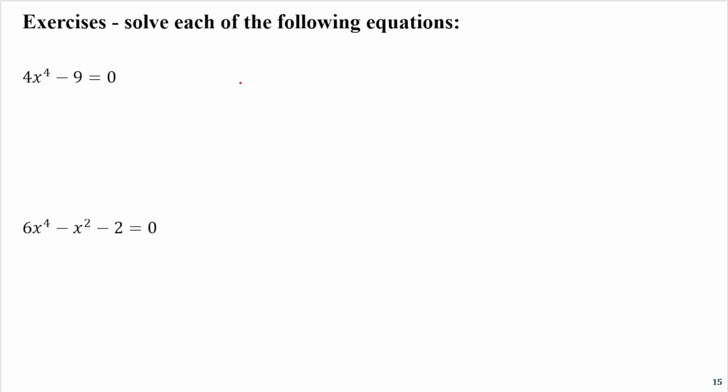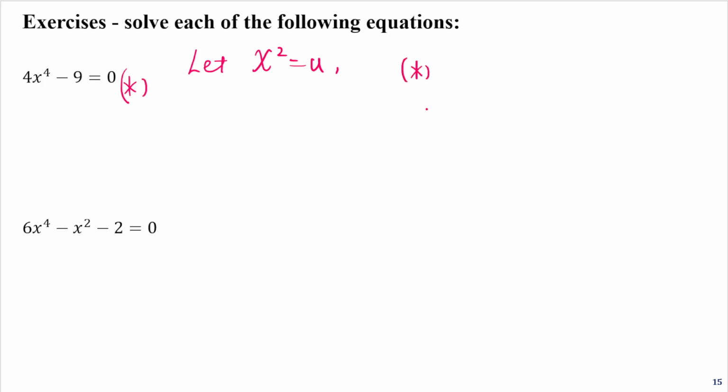Alright, so for the first question, we haven't learned how to solve an expression which has a power 4, right? So you can always let x squared equals u. In this way, we can lower the power number to 2, right?